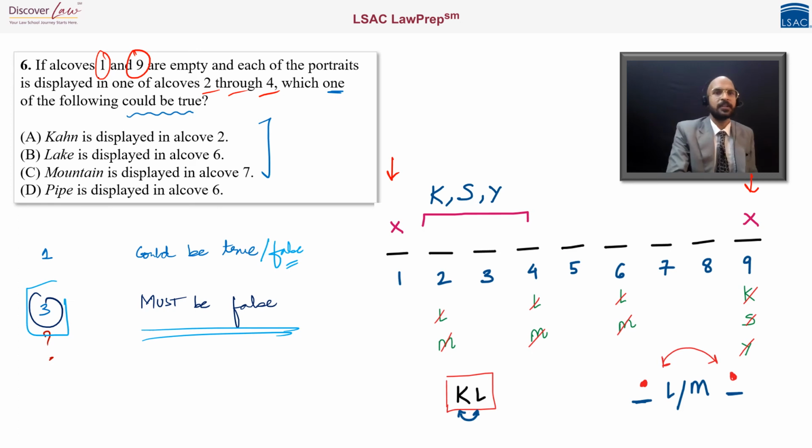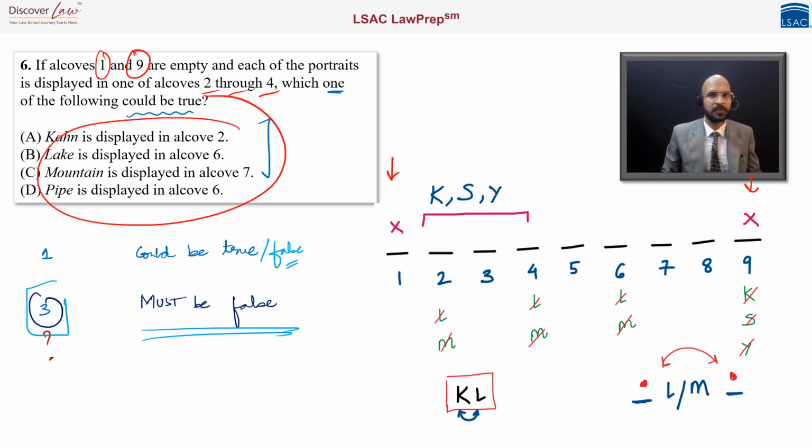Now before looking at the options, like we saw even in the previous question, let us spend some time and see whether we can gather something more on the basis of what is given here, and maybe the answer will again emerge. Now if K, S and Y are to be in these positions, and we know that K and L have to be together, where can we put K and L together?